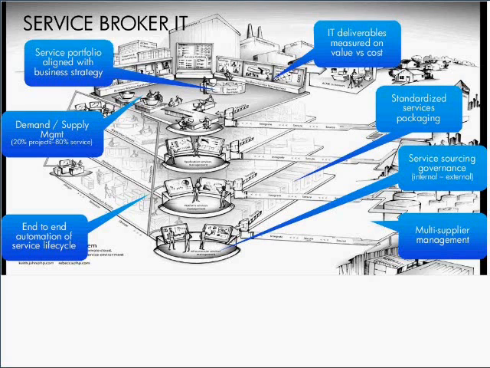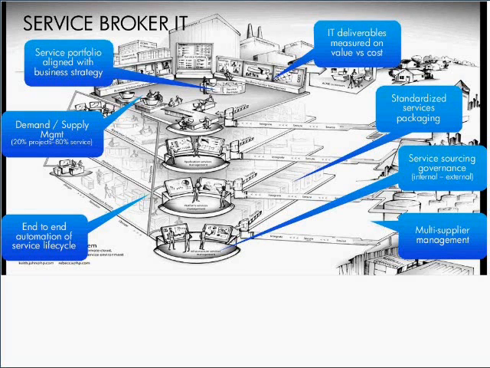I think another important thing to note is that because you're in a service-centric organization, you're going to be able to engage with the business differently. So instead of being 80% project-driven, you can become 80% service subscription-driven, right?